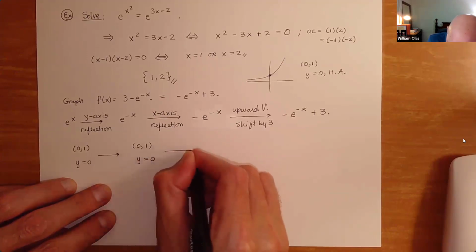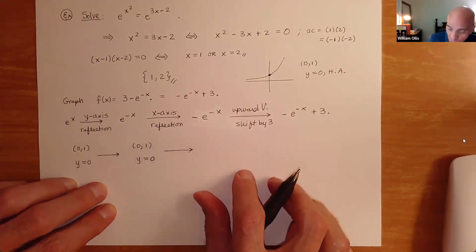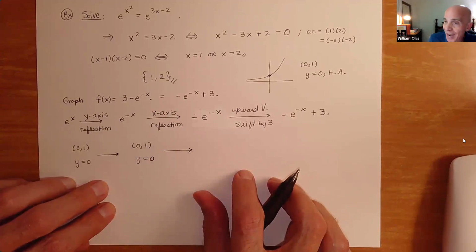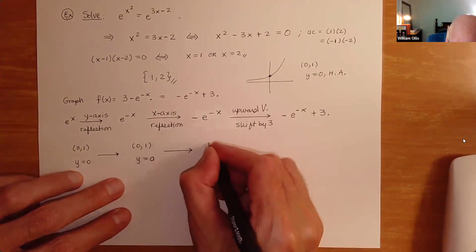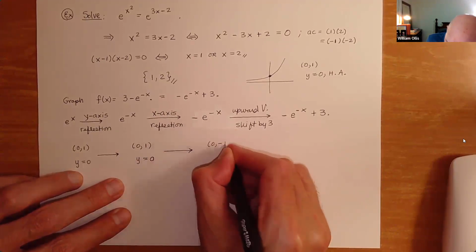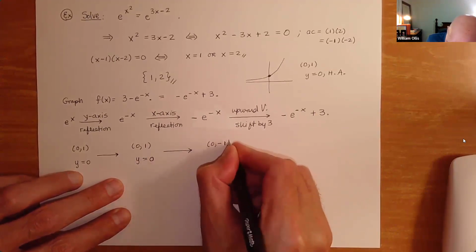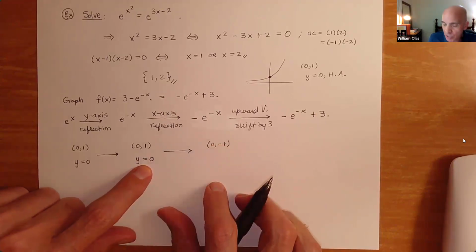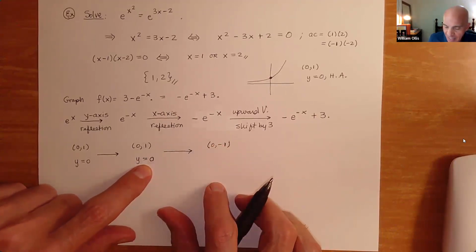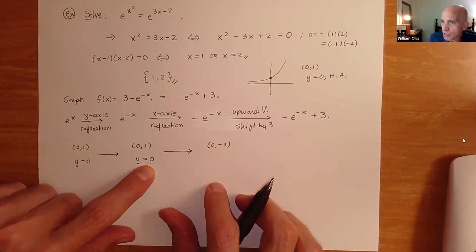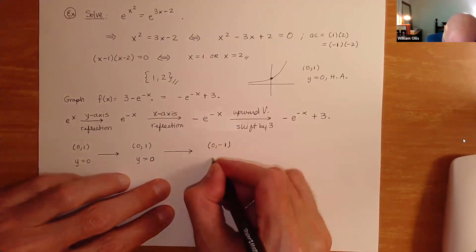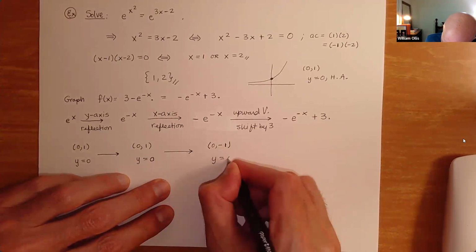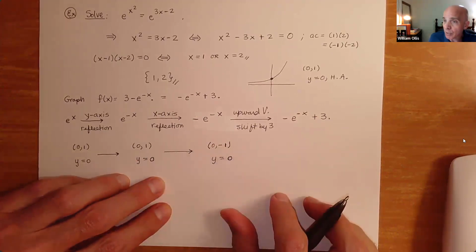Now for the x-axis reflection, we're replacing all y-coordinates with their additive inverses. So this will be 0, -1. And then, of course, we're reflecting y = 0 in the x-axis, so there's no change with that either. So not too difficult, but important.